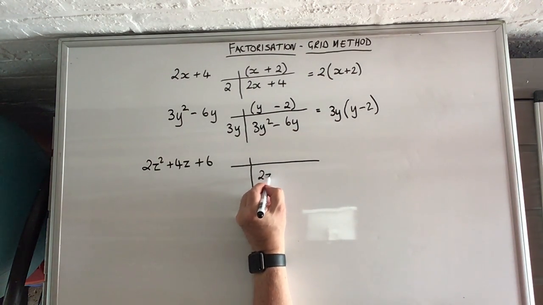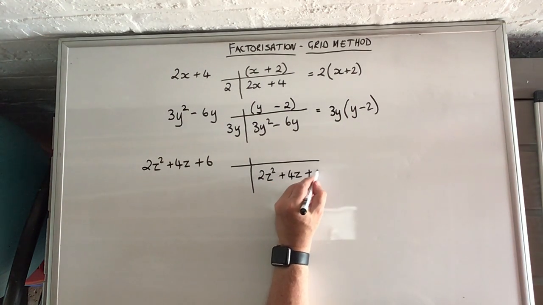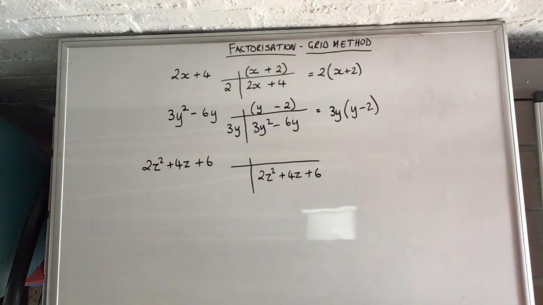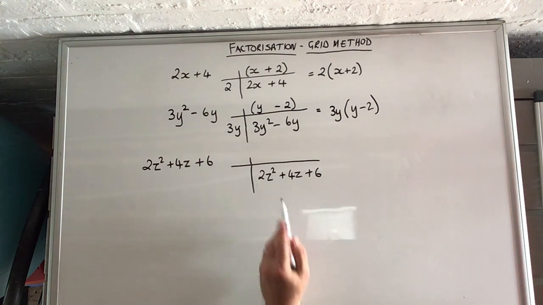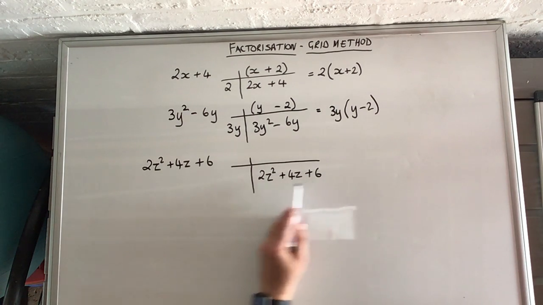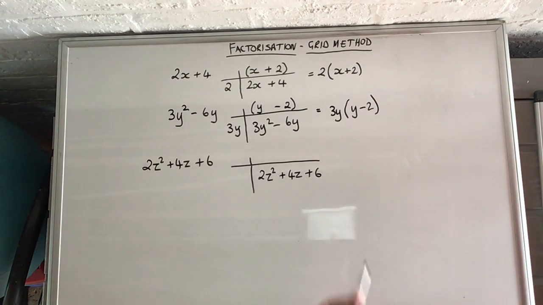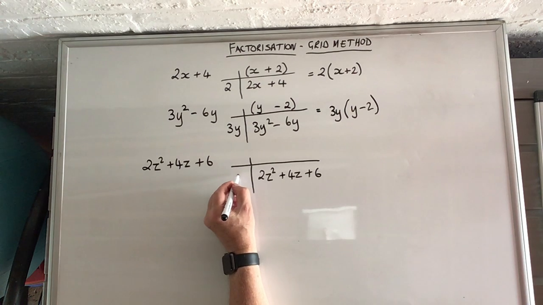So let's see if this factorises. Well, we've got Z's in here, we've got Z there. We don't have a Z there, so we can't take Z out because that's not common to each part. So let's look at numbers. 2, 4, 6. We can take 2 out. Highest common factor is 2.